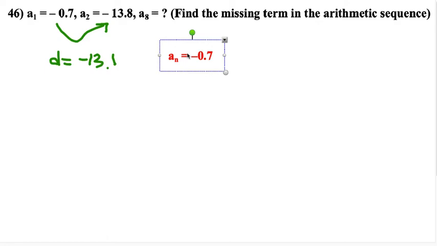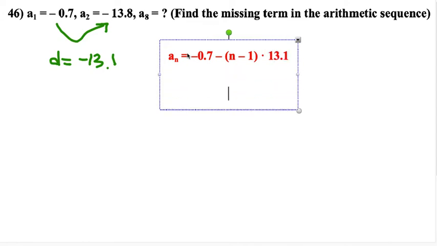Now, let's not go plus a negative. Let's just go minus, because this is a negative. n minus 1 times 13.1.